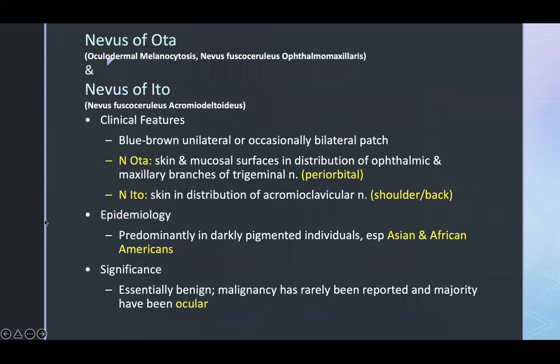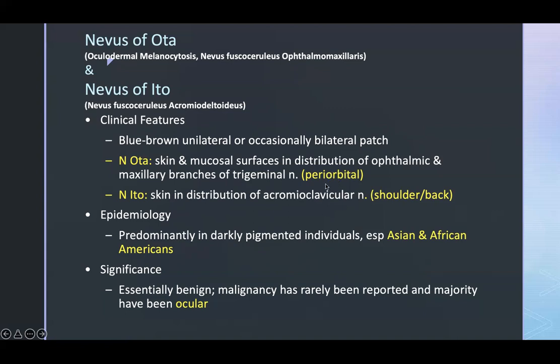Nevus of Ota and Nevus of Ito. I have the longer names listed for reference. Nobody usually says oculodermal melanocytosis or nevus fuscoceruleus acromiodeltoideus because those are really long. Nevus of Ota typically refers to these macules around the ophthalmic and maxillary branches of the trigeminal nerve, or the periorbital region.